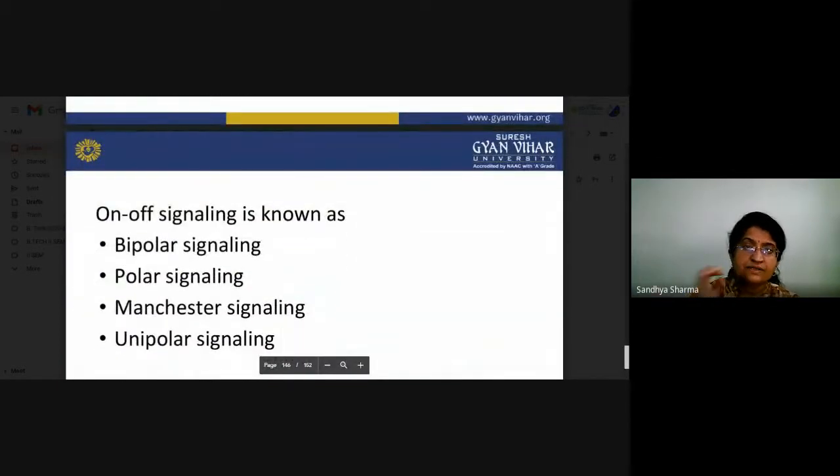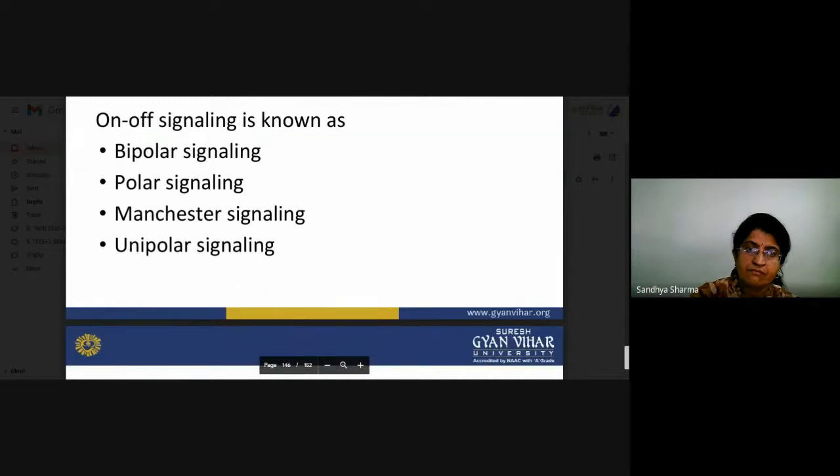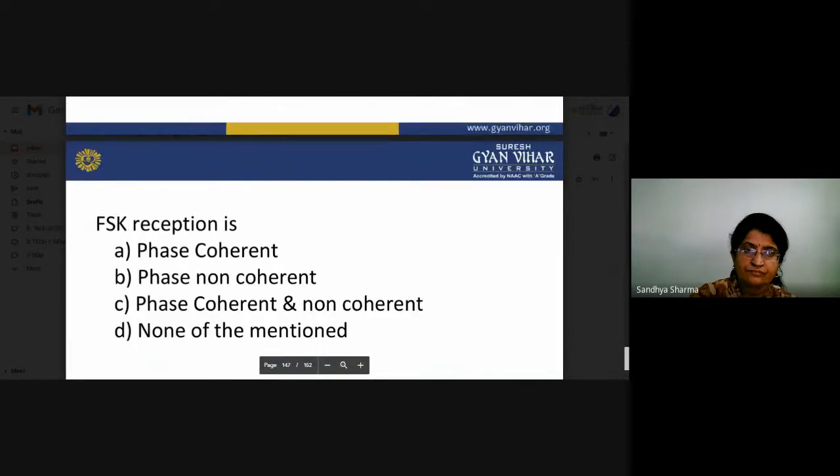What type of signals do we know as on-off signaling? This is also a question you have to know. Then FSK reception. There is a change in frequency here. So what type of coherent or non-coherent demodulation techniques are you working with?